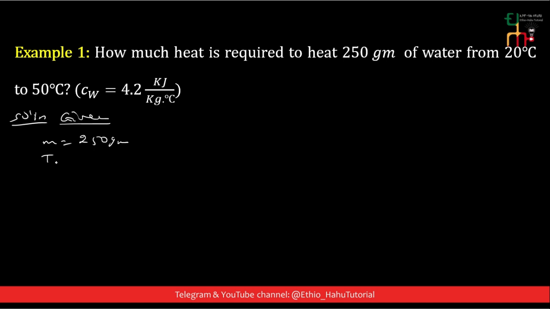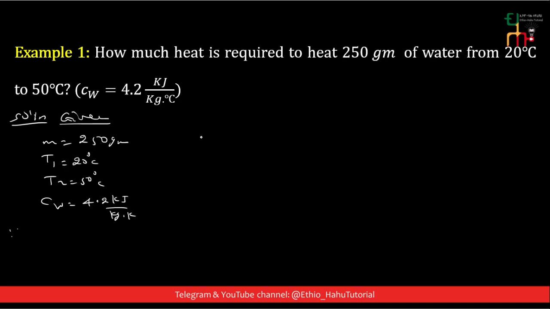The initial temperature is 20 degrees Celsius and the final temperature T2 is equal to 50 degrees Celsius, and the specific heat capacity of water is equal to 4.2 kilojoule per kilogram per degree Celsius or Kelvin.